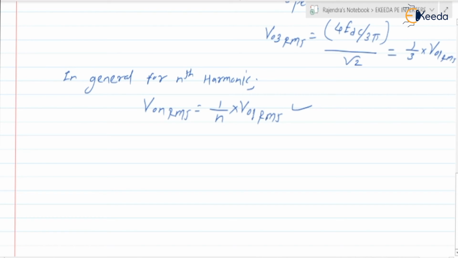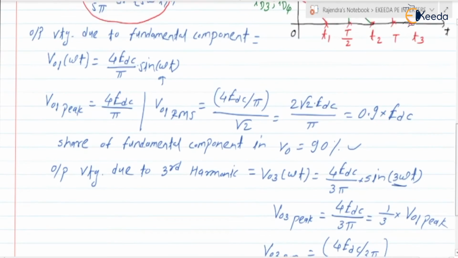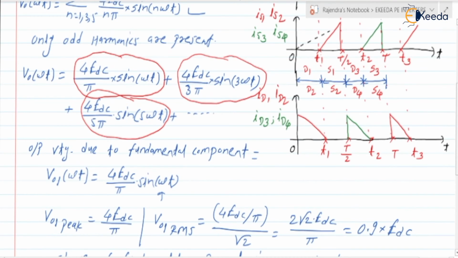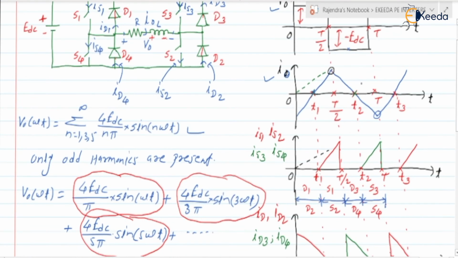So this is about V0. Next, what is the expression of I0(ωt)? The Fourier series expression for I0.